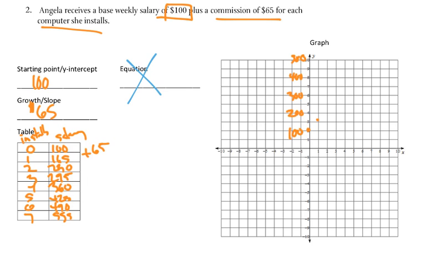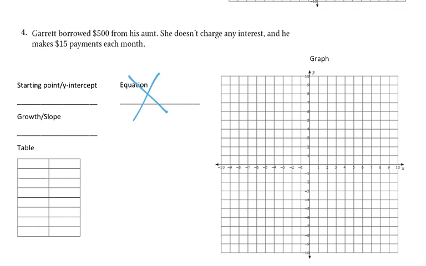At 2, she's at 230. 3, 295, almost to 300. 4, 360. 5, 425. Then 490 and 555. So look something like that. All right.